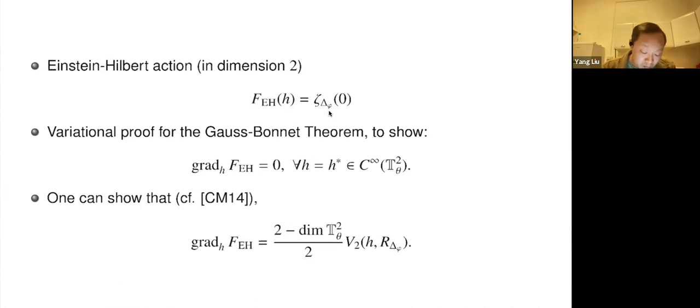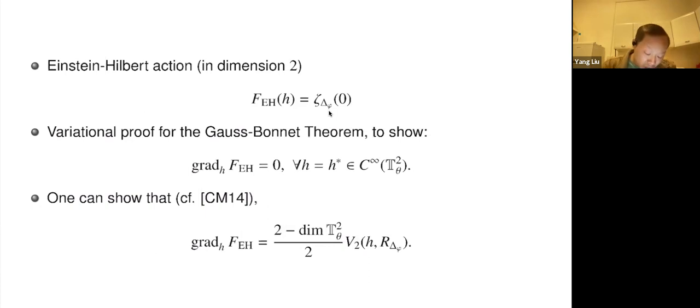So you get a function, and this resembles the integration of the scalar curvature. One can indeed show that, for example, this is a constant function. So we just compute the derivative. If we can show the derivative is 0, then it's a constant function.